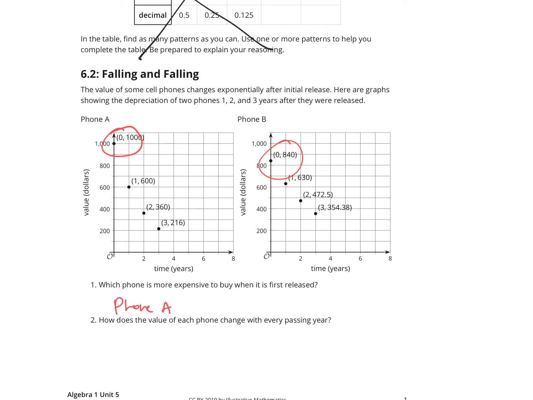Question 2: how does the value of each phone change with every passing year? If we look, we can see that phone A is depreciating more quickly than phone B. You didn't have to get into specifics for this one.